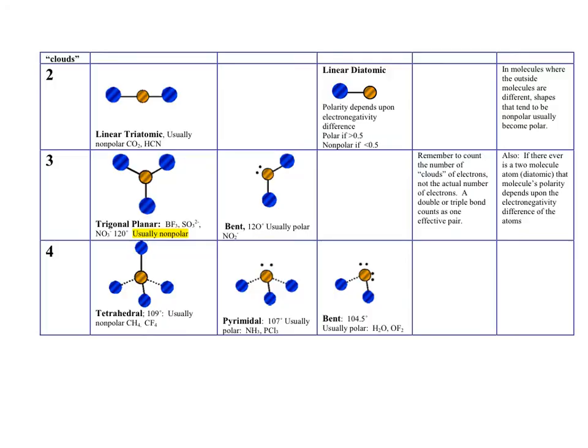So here is the molecular shapes chart. If you notice going down this side here, you're going to first count the clouds, and then based on how many they have, you can see what the possible shapes are going to be. If there are only 2 clouds, there are only 2 options for the shape. It's either going to be linear triatomic, meaning 3 atoms, or linear diatomic, meaning 2 atoms are involved.